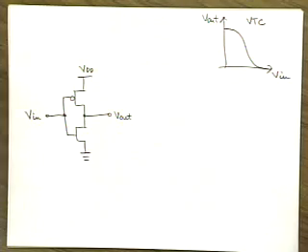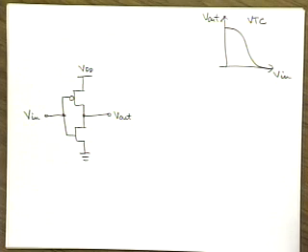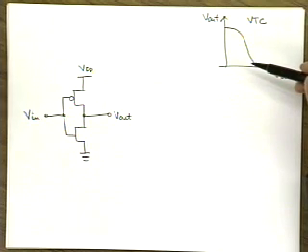So in order to do so, what do we know about this gate? We know current-voltage relationships for NMOS, and we know current-voltage relationships for PMOS. And we are going to combine them together to derive this voltage transfer characteristic. In order to do so, we first need to set some conventions here.